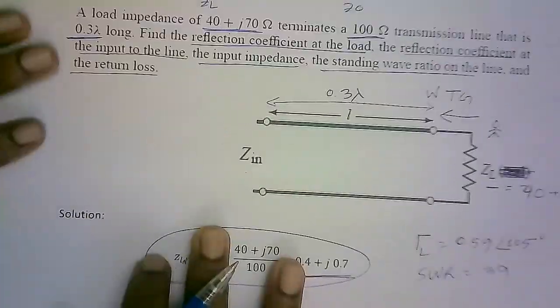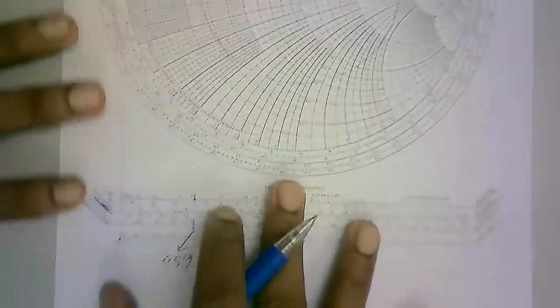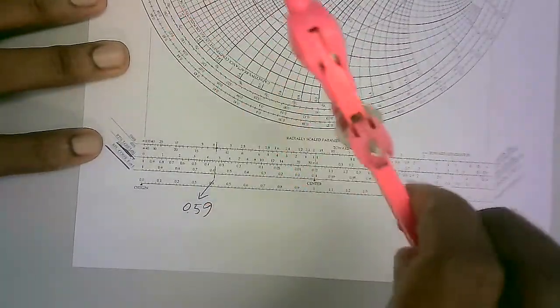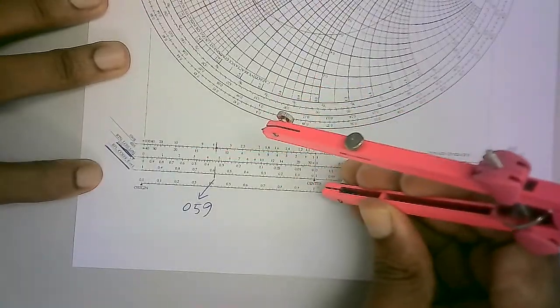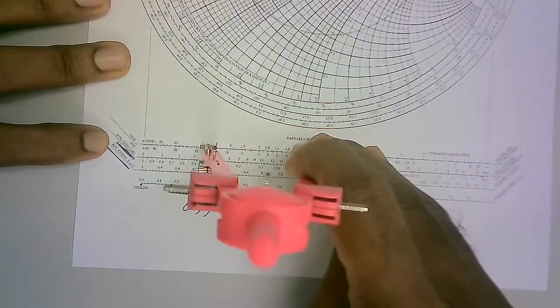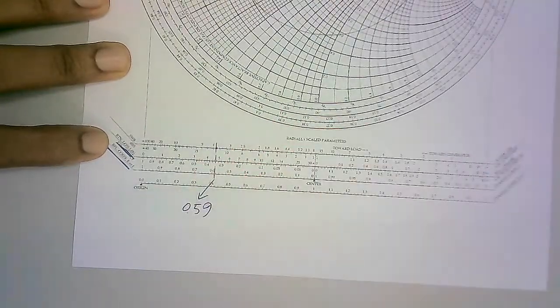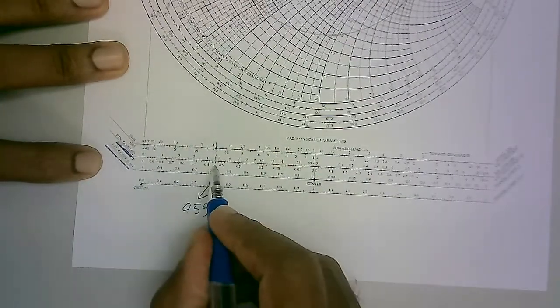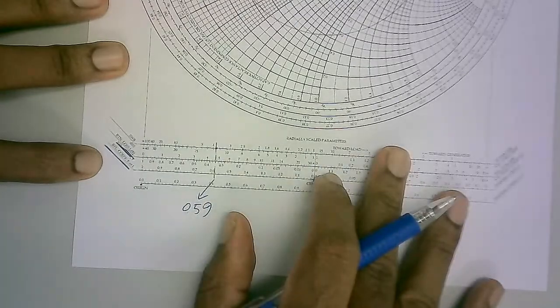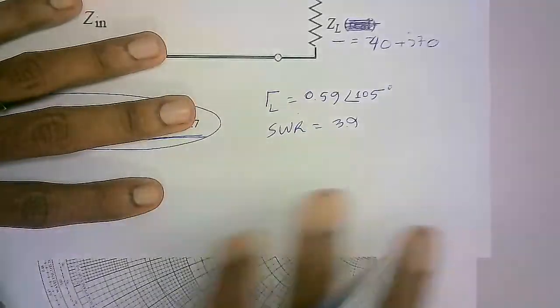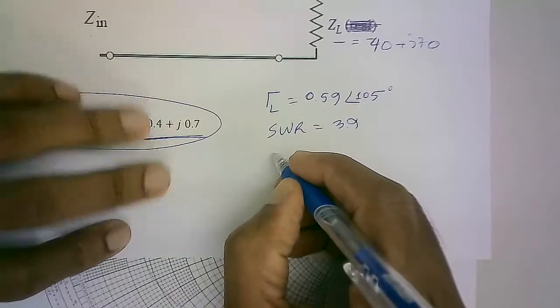One more thing: what is the return loss in dB? Let's find our return loss in dB. Same, we go here again. Return loss in dB here, around 4 point something. Return loss we calculate from here. So it's 4.7. Let me remind you that this will not be 100% accurate, but it will be very close.